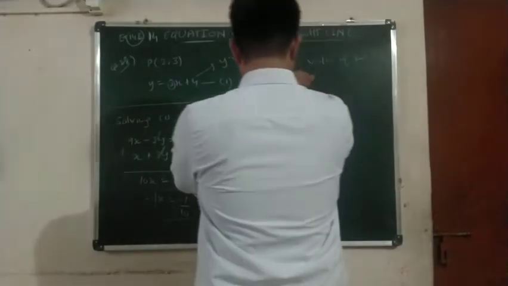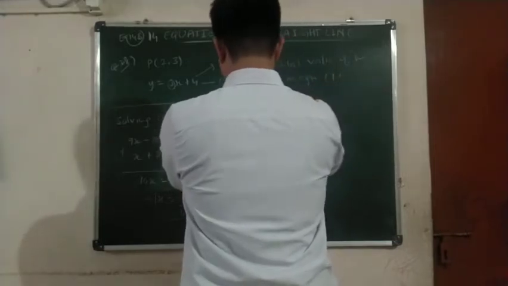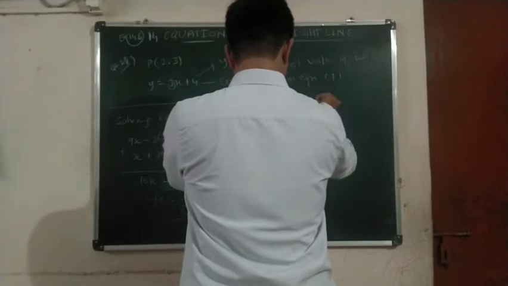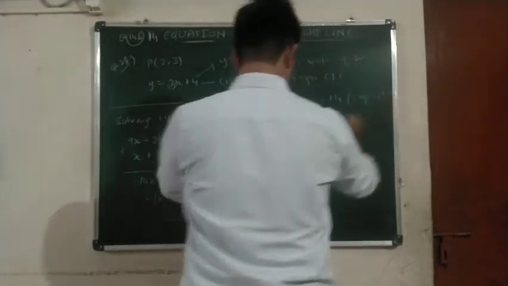Value of x in equation 1. What is equation 1? y is equal to 3x plus 4. This is equation 1.